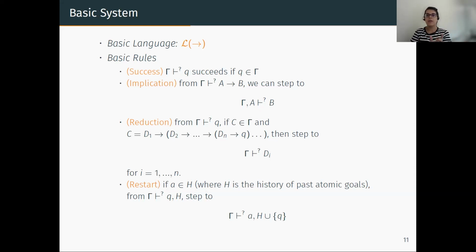Our query will now have a database, the goal, and a history. If we have an atomic formula in our history and we are asking for another atomic formula that doesn't immediately succeed, what we can do is go back and ask for this atomic A again, basically.